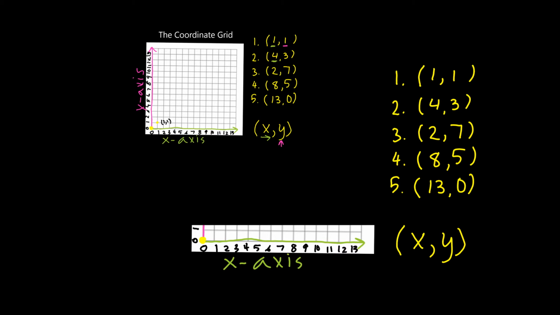And then my y value is 3, so I'm going up 3 spaces. So let's try that. So we're going to go over 4, 1, 2, 3, 4, and then up 3, 1, 2, 3. And that will put me at the point 4, 3. Put a nice little dot there, and then I'm going to label it 4, 3.